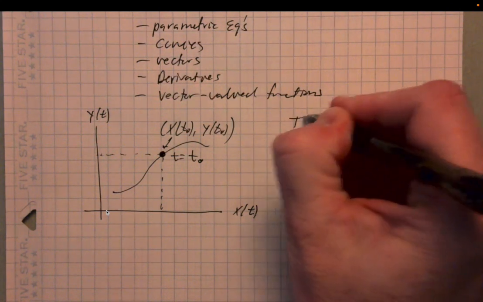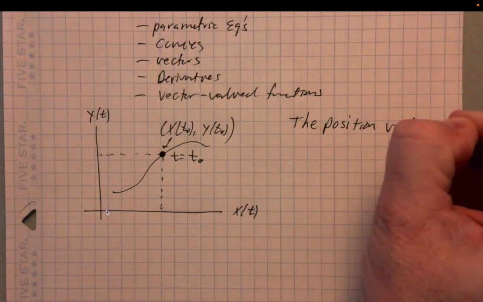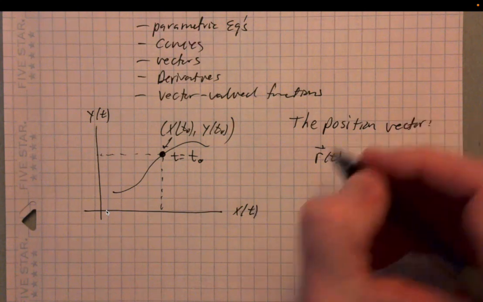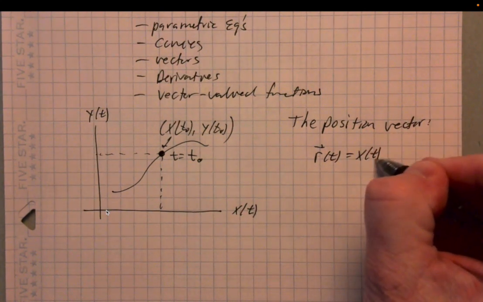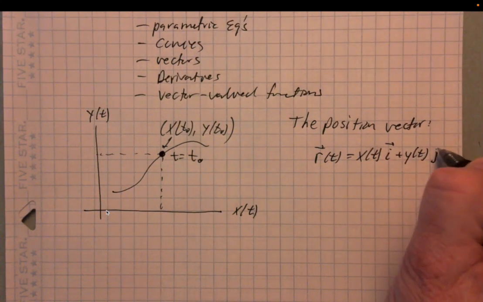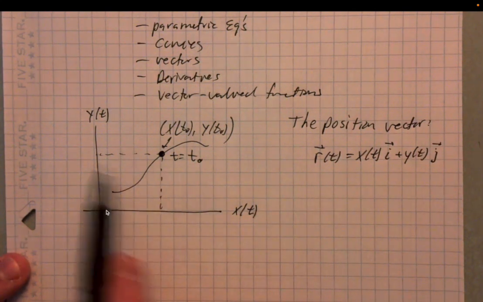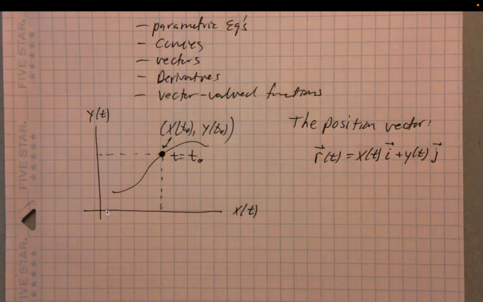So we can have a position vector r of t, and it'll take the form in the two-dimensional plane of x of t times the i vector plus y of t times the j vector. You plug in some time t, and it tells you where in the two-dimensional plane the particle's center of mass happens to be.